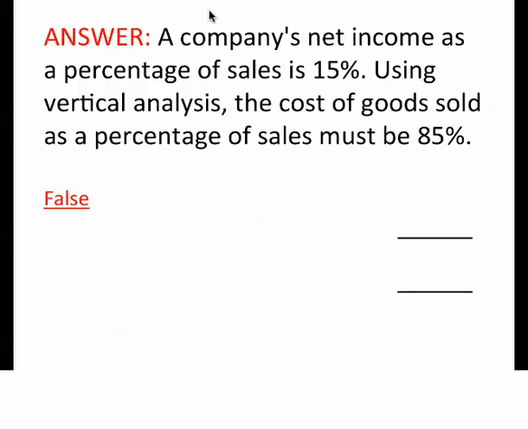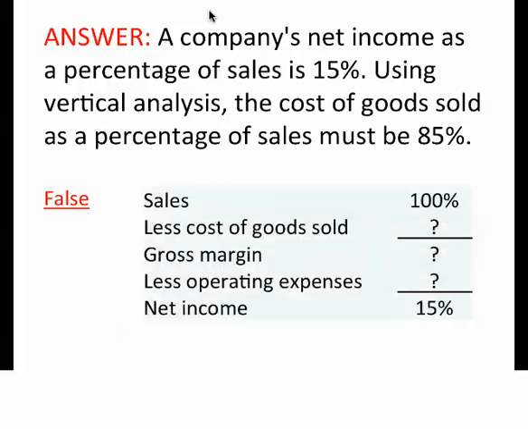There are other things in the income statement, and let me show you why. I just have this little thing I'm going to put up now, just to show you. So exactly what you were saying. What this question is saying is we know the net income as a percentage of sales is 15%. Does cost of goods sold have to be 85%?